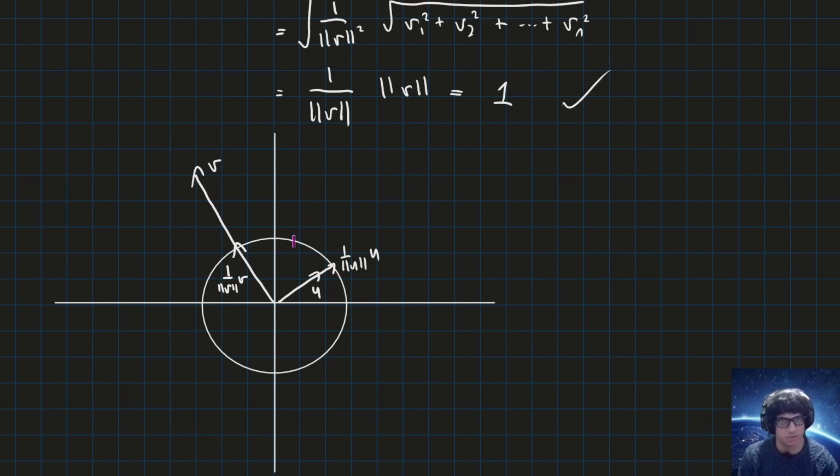Okay, so what's the advantage of normalizing vectors? Many important properties of a set of vectors are unaffected by scaling them by a non-zero constant. So orthogonality doesn't change if you scale a set of vectors, and by that I mean multiply any of them or all of them by a non-zero scaling factor.